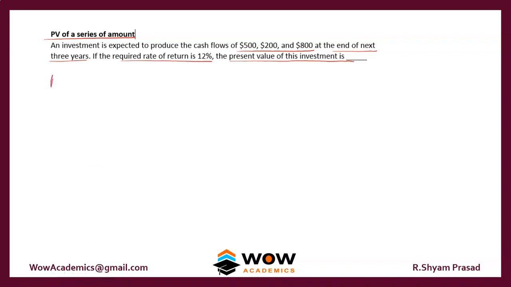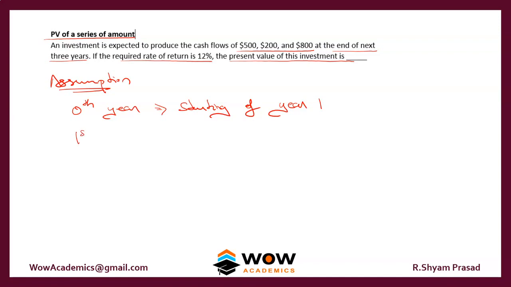As per the assumption used in this calculation, the 0th year refers to the start of year 1. So that is the starting of the first year. What does the first year then refer to? The first year always refers to the end of year 1.